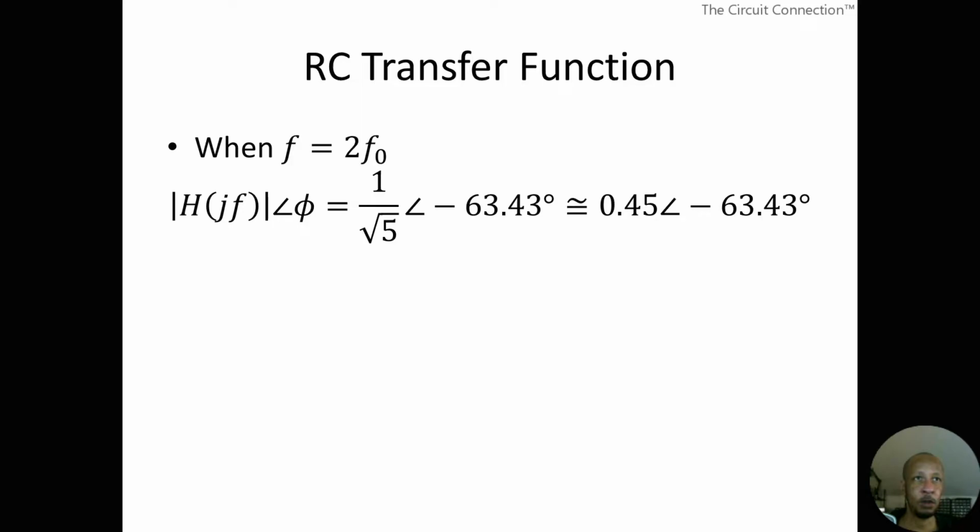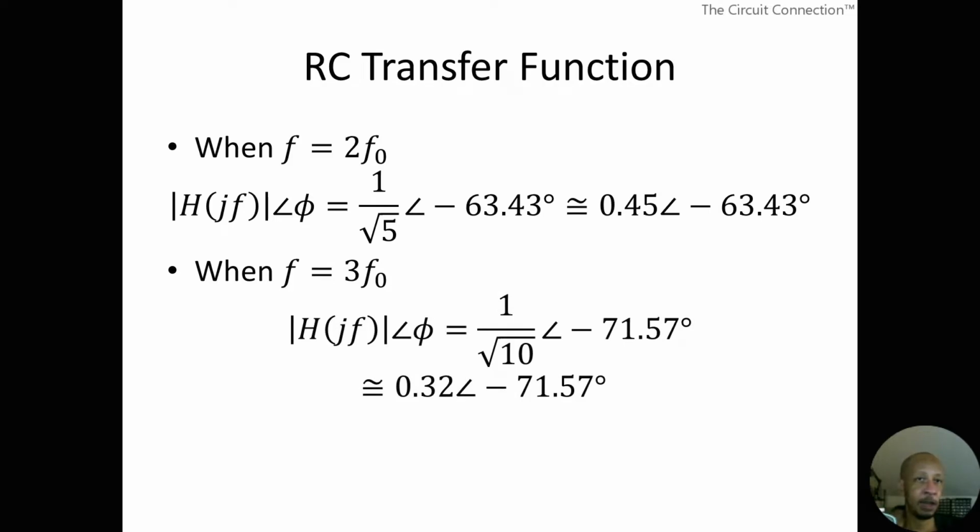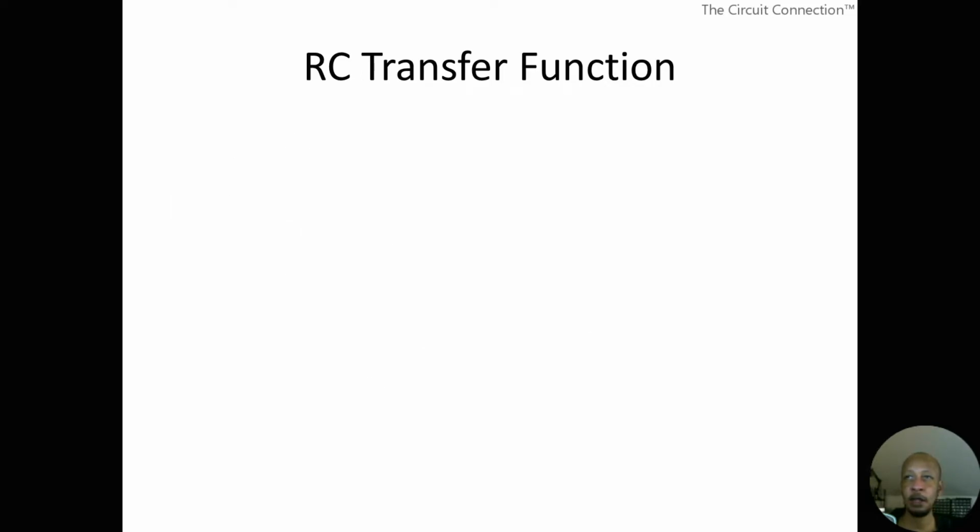When F equals 3F0, then you're going to have 1 over the square root of 10, which is at an angle of negative 71.57 degrees. 1 over square root of 10 is approximately 0.32. That's going to be your magnitude there.